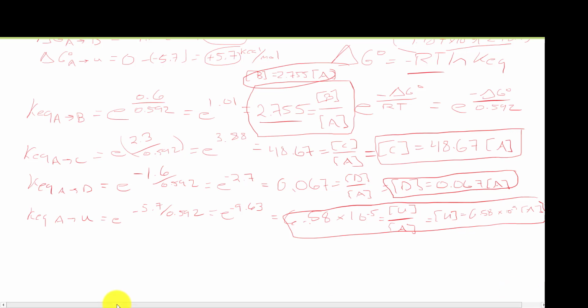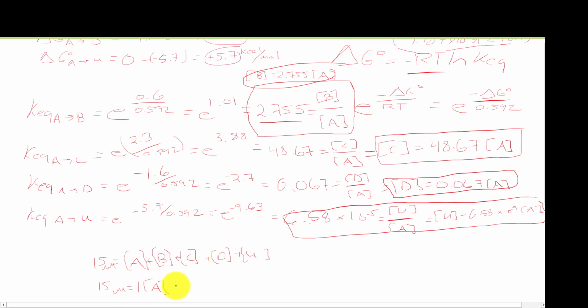Okay, 15 micromolar, recall, was our total concentration. It is equal to A plus B plus C plus D plus U. And we have all of our other 4 unknowns in terms of A already. So let's just put them all in terms of A. So if we're going to say 15 micromolar is A plus B plus C plus D plus U, we can also say 15 micromolar is 1A, because A is A, right?